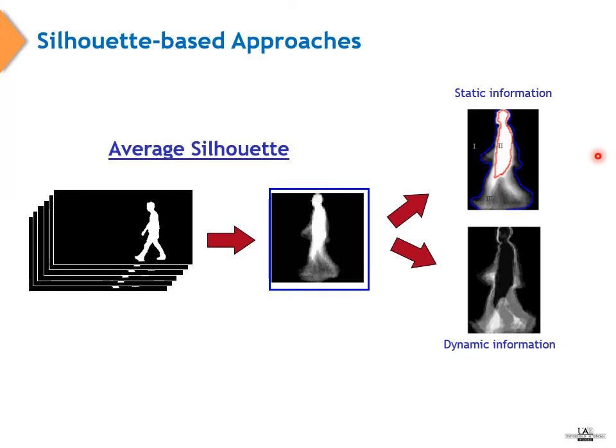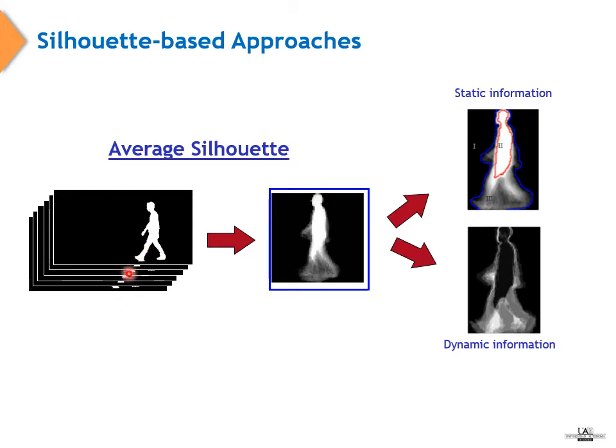This is a visual representation of how we can integrate shapes across time for representing a gait pattern in an image. Imagine we have already segmented the person. For this, the methods that you have seen with Alvaro are very useful. We segment the person as foreground, and then we discard the background.